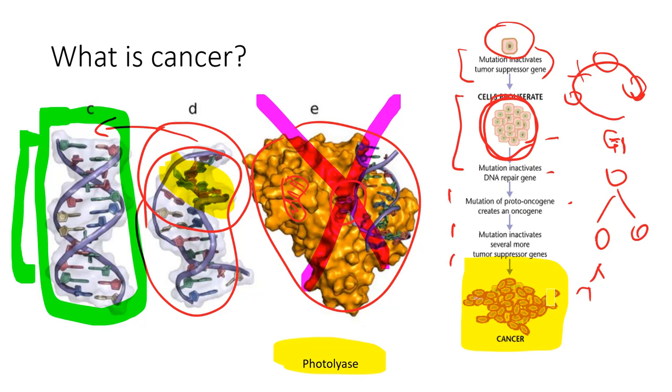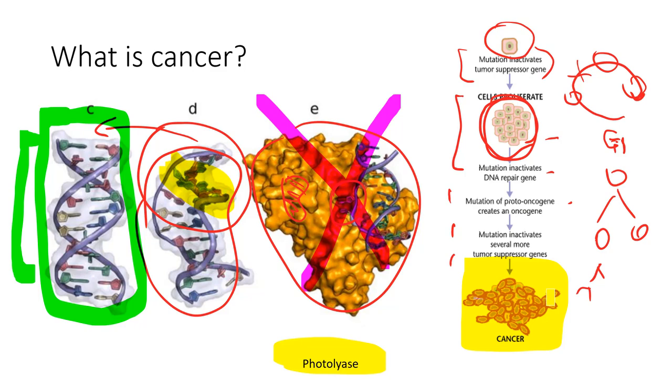Now, one thing that you need to know is that a single mutation is very unlikely to cause cancer. Just one single mutation will not lead to cancer, but that single mutation might lead to a cell that is not checking as much as it should, that will lead to more mutations, and those mutations will accumulate one after the other.